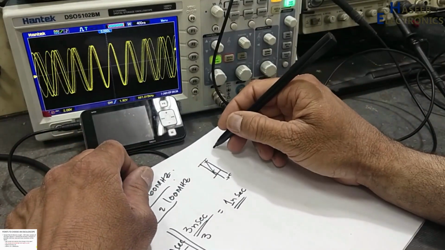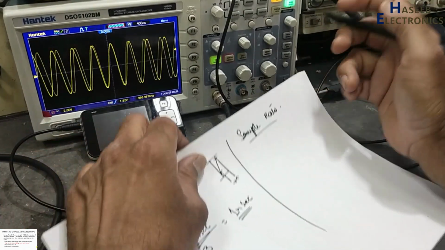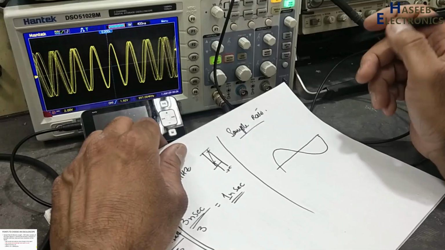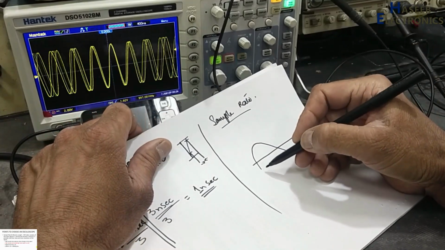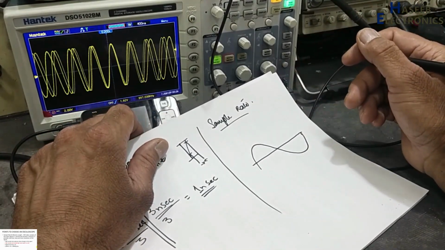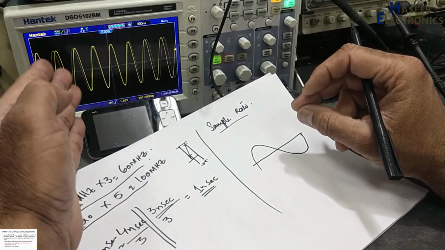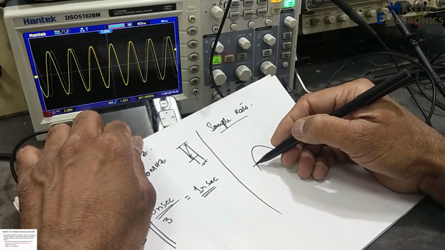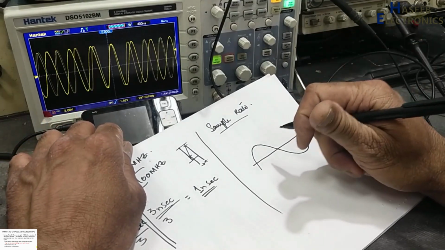Then the next, sample rate. What is sample rate? When we apply a signal to an oscilloscope, it is a continuous signal, but a digital oscilloscope will not make real-time sampling.